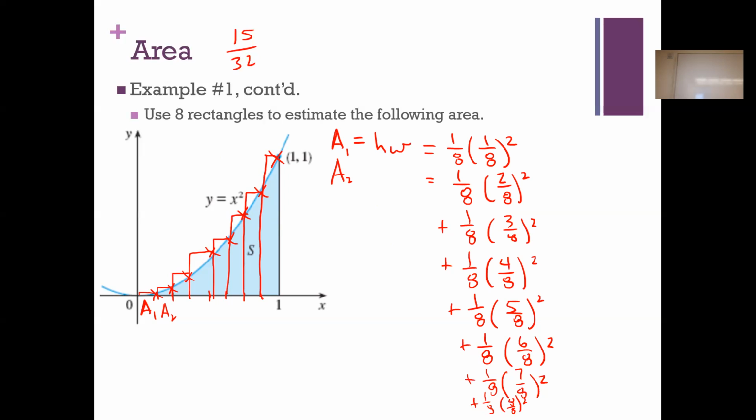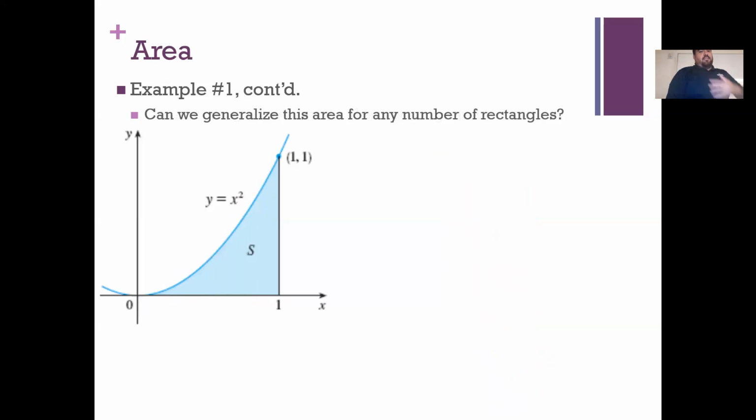Basically, I want to find the area of a thing that is very not smooth. I mean, it is a smooth curve, but using rectangles, hopefully it feels a little suspect, especially the fact that I'm choosing only some of them. So what we're working up toward is, how are we going to get better and better estimates? What are we doing with the number of rectangles? We're increasing them, right? So let's try to generalize this first.